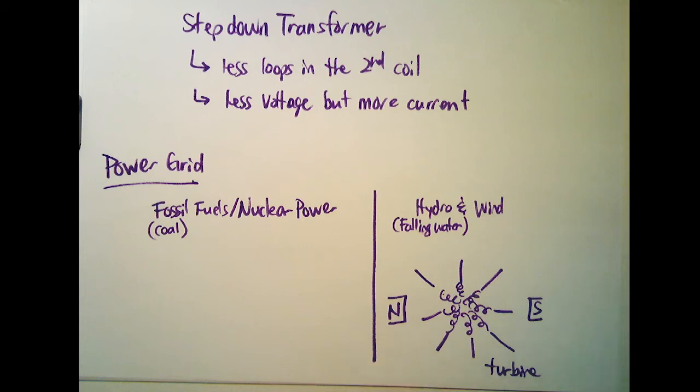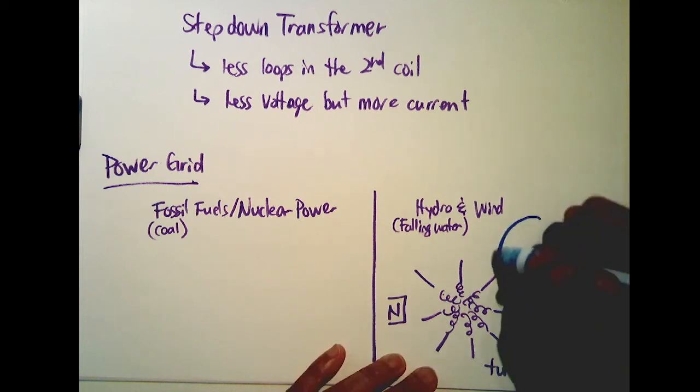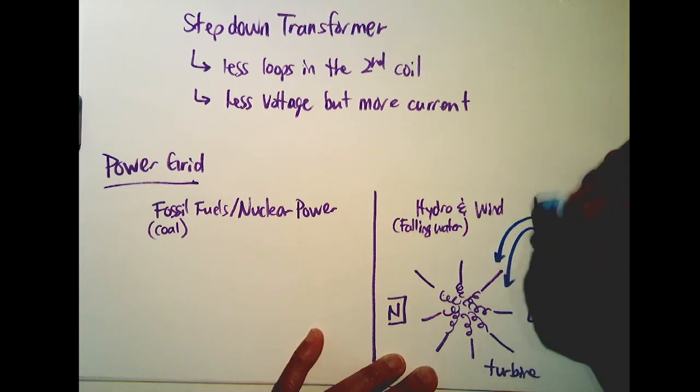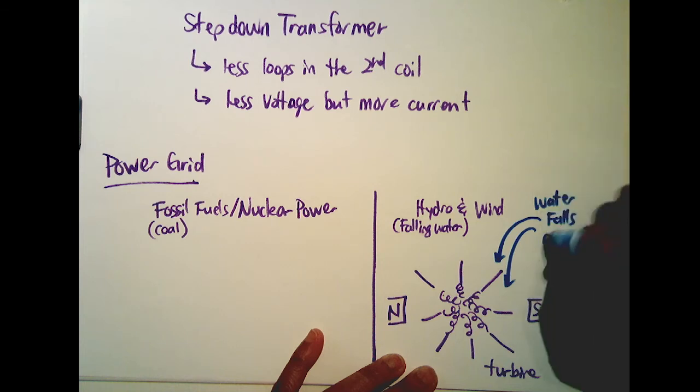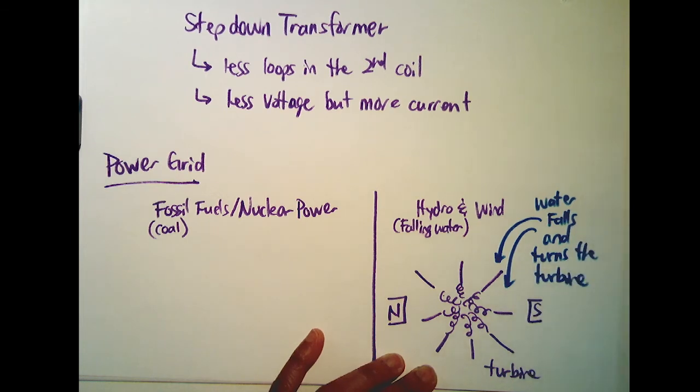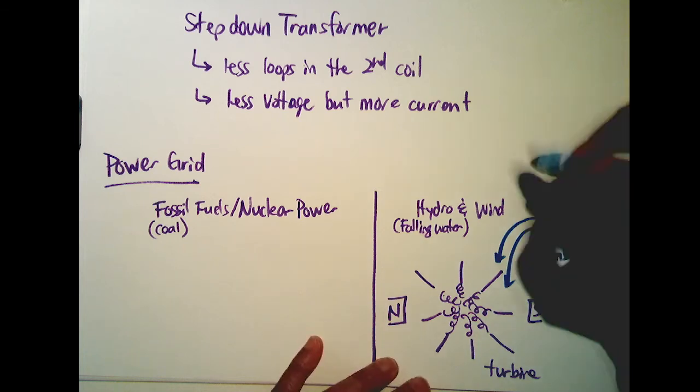What happens is you have falling water. Okay, so the water falls and turns the turbine. Okay, or the wind also does that too.